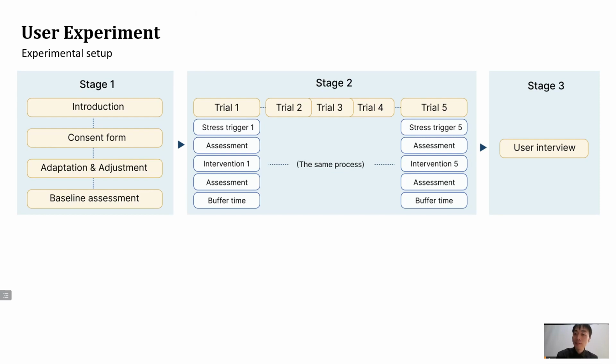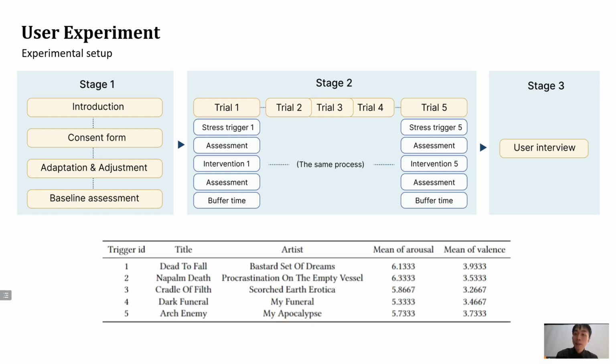Stage 2 contains 5 identical trials that corresponded to the 4 patterns and the control condition of each group. At the beginning of each trial, participants were instructed to watch an emotionally intense music video to trigger stress.